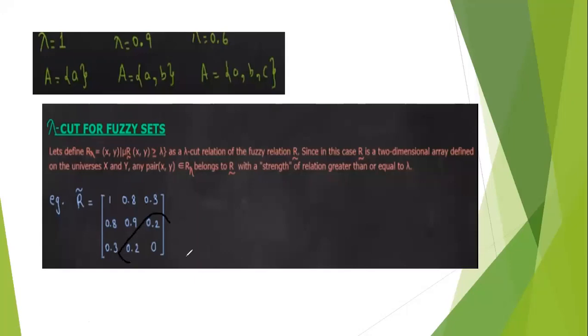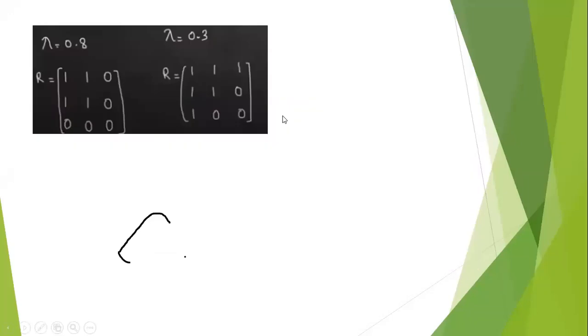Then R can be written in the form shown: 1, 1, 1, 1, 1, 0, 1, 0, 0.